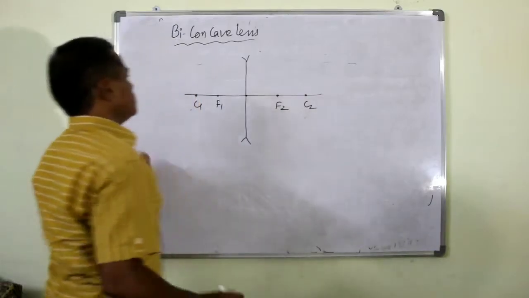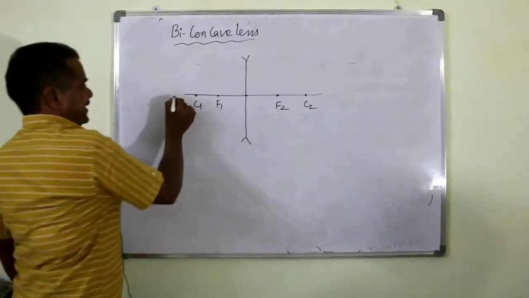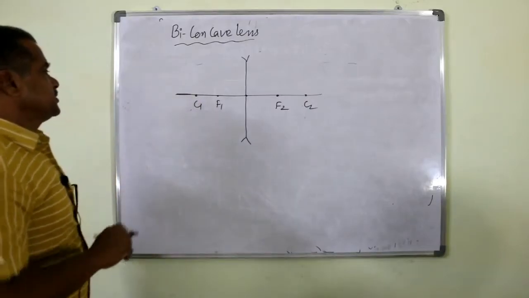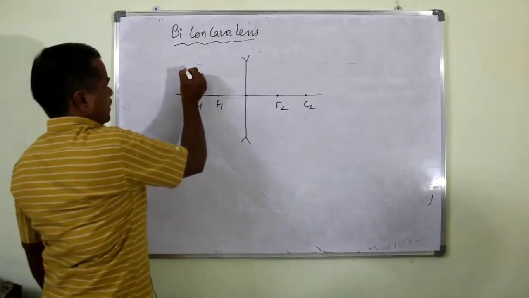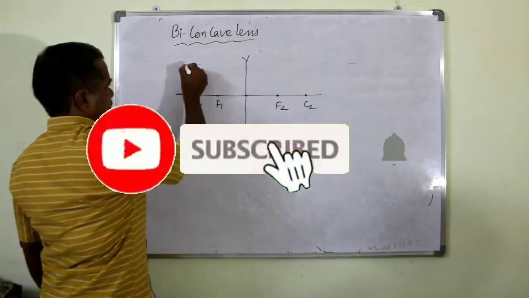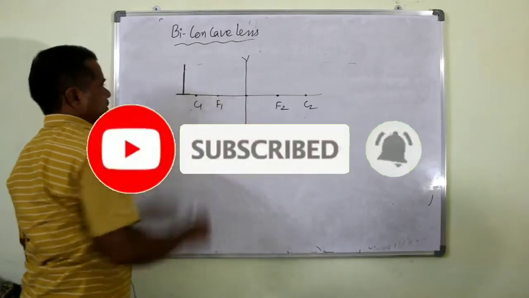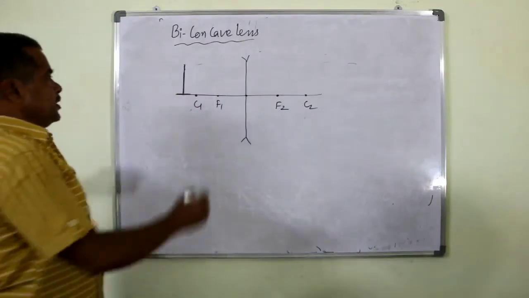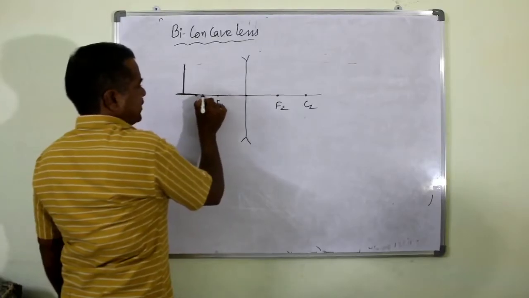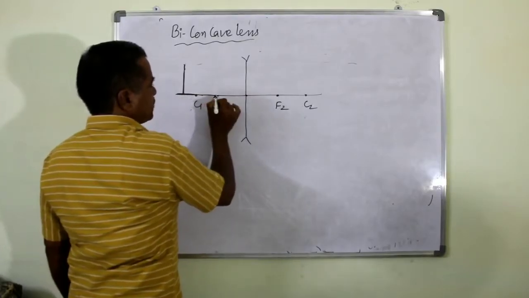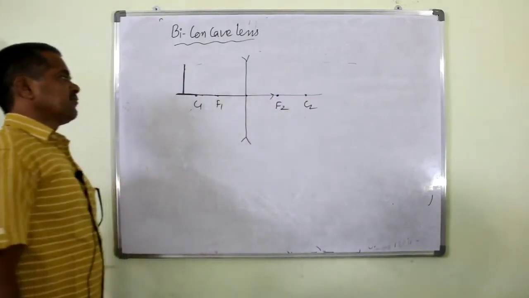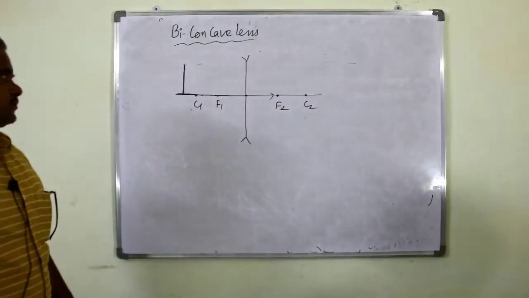C2. So here you take any one object placed at any place. For example, take one object placed beyond the center of the curvature. One light ray passes from the bottom of the object along the principal axis, then it is very clear that the corresponding refracted ray doesn't deviate its direction.